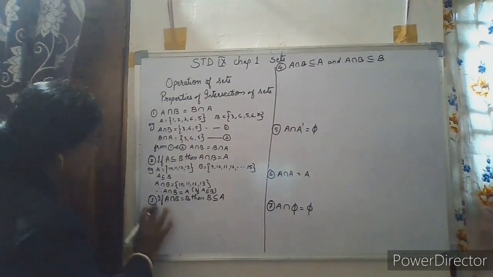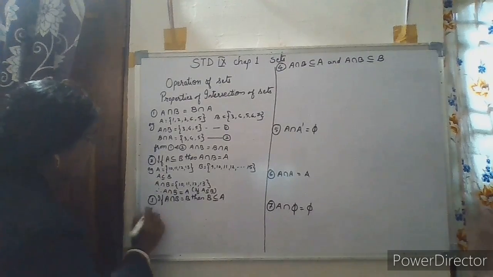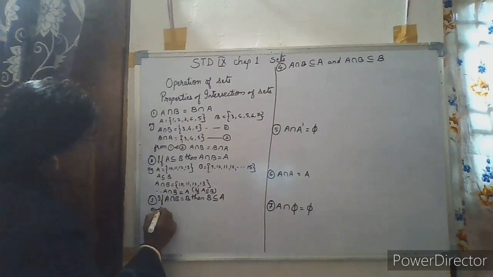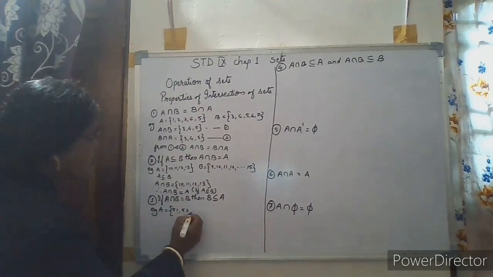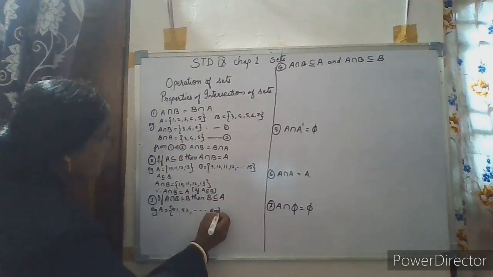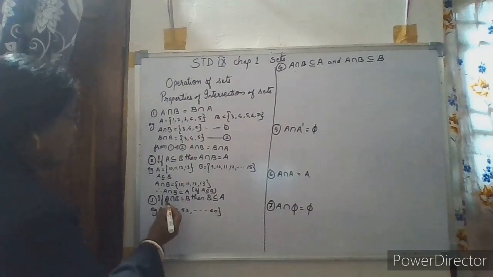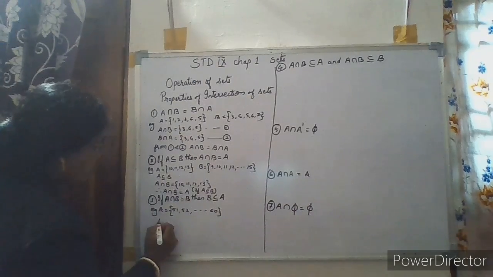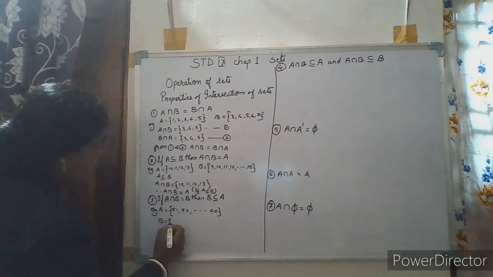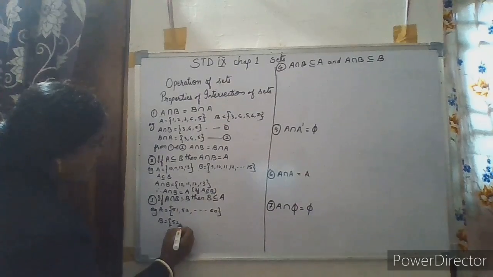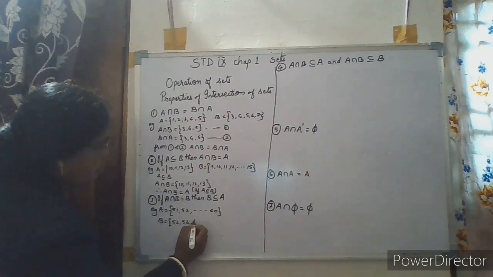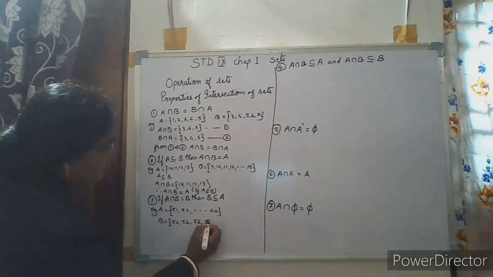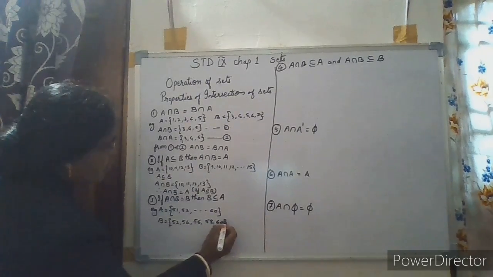So if I take an example, suppose set A as up to 60, then set B is equal to 52, 54, 56, 58, 60.